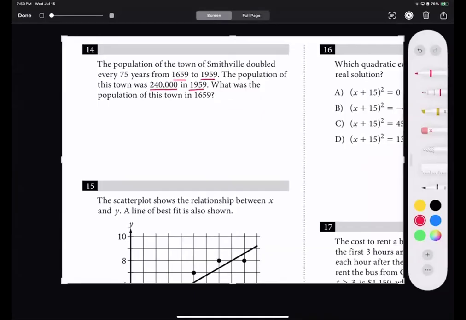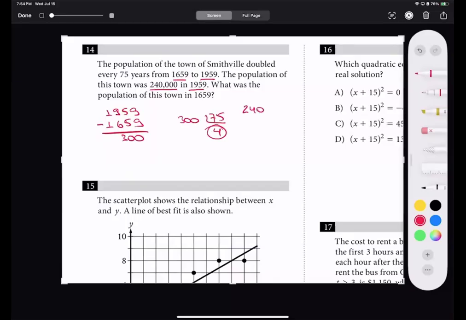So 1959 minus 1659 is 300 years. Do you agree? 300 divided by 75 is 4. Okay.